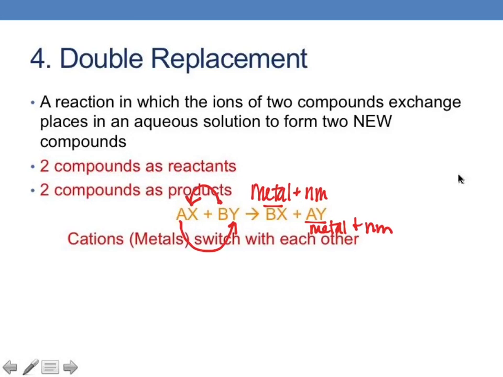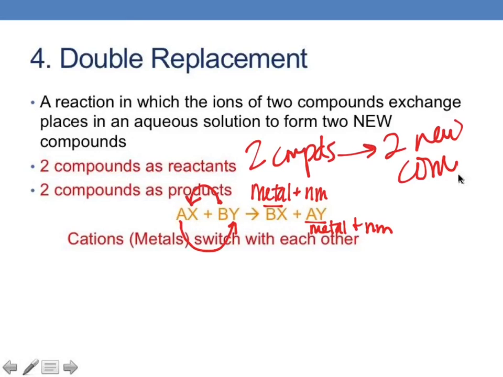If you write it wrong, then I'm going to count you wrong, because we should know by now that ionic compounds are metals then non-metals. So we get 2 compounds, and we form 2 new compounds. Again, you have to look at the charges when you're writing those equations so you know what is what.